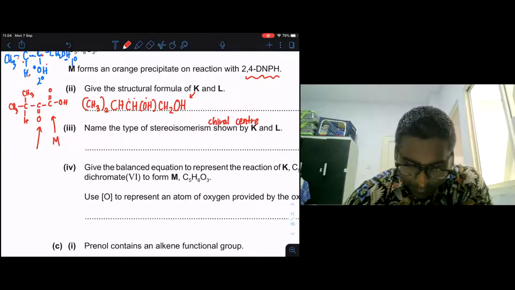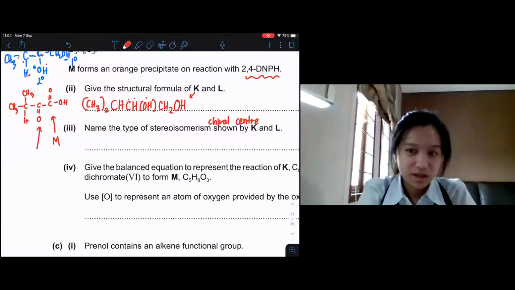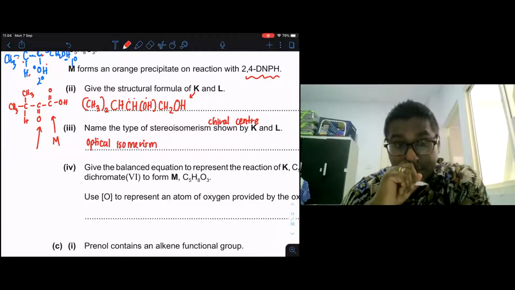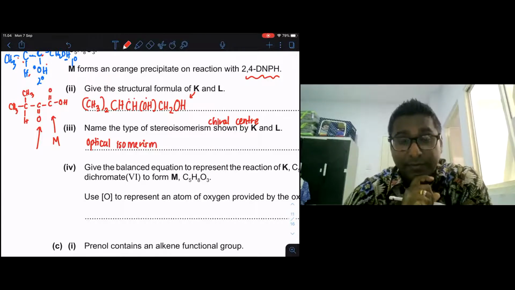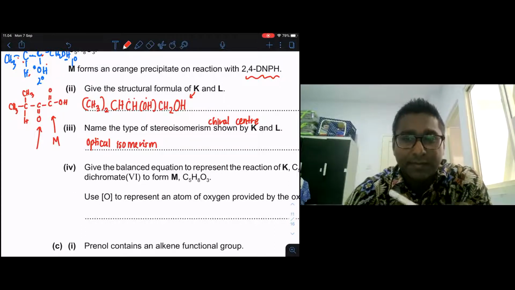I'm not sure, sir. Okay. Gabriela? Optical, sir. Yeah, it's optical isomerism. So it's a stereoisomerism. Optical isomerism is a stereoisomerism. Geometrical isomerism is because of the double bond, which is going to be cis and trans.